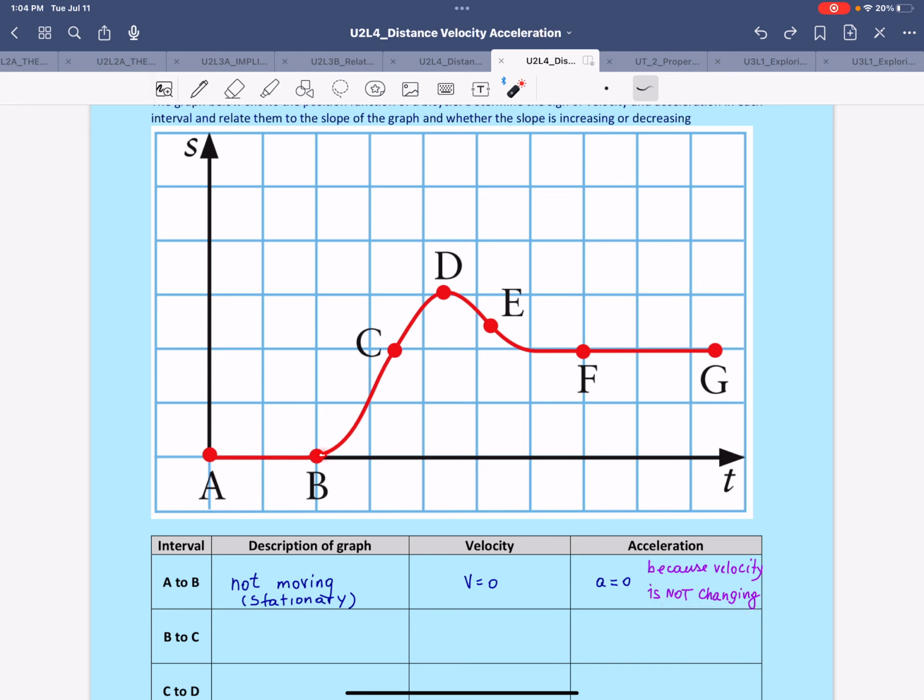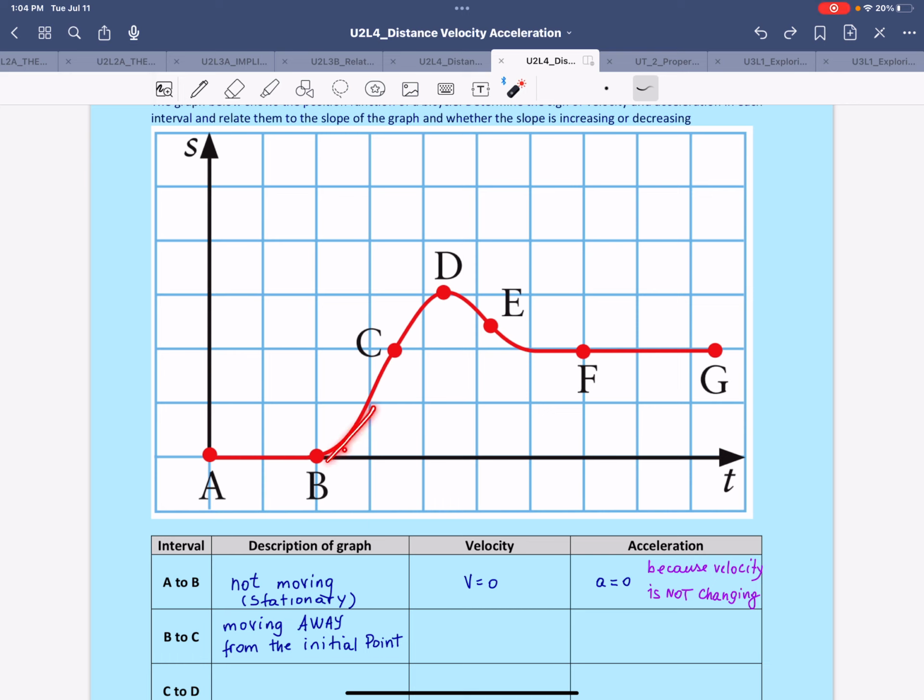Now we're going to move on to B to C. As you can see here, the object is now moving away from the initial point because the position was 0 at B and it became about 2 units at point C. So the position is increasing over time, and the object is moving away from the initial point. Now let's talk velocity.